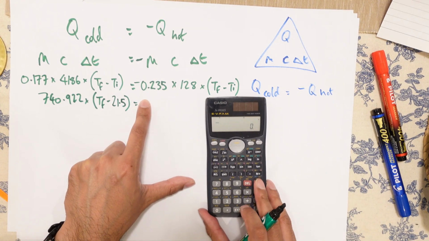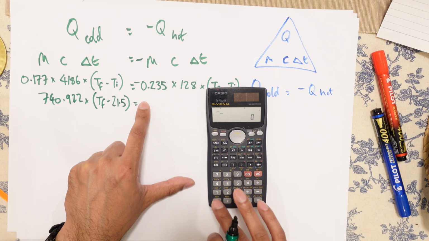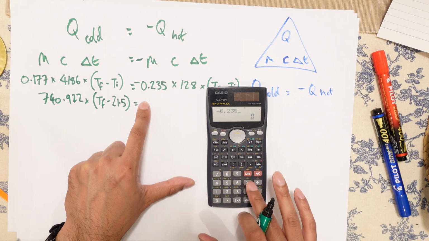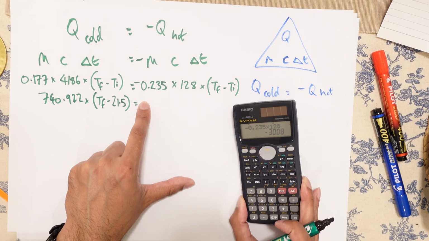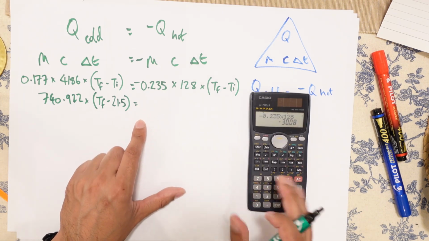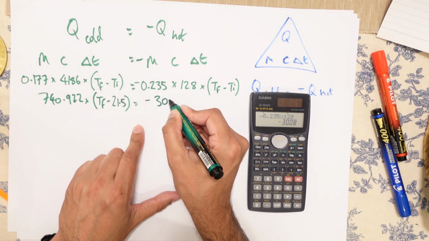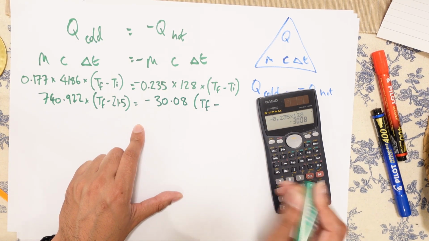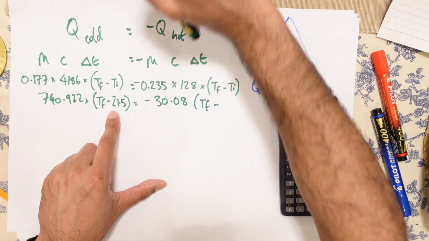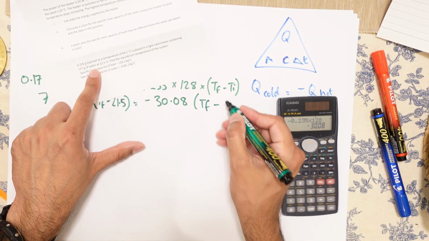So we have minus 0.235 times 128, which is minus 30.08, multiplied by Tf minus, what was it, 84.2.